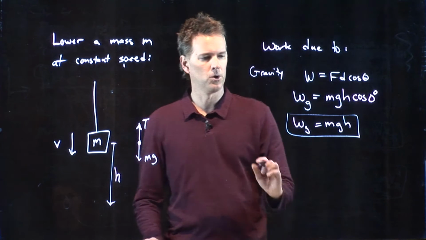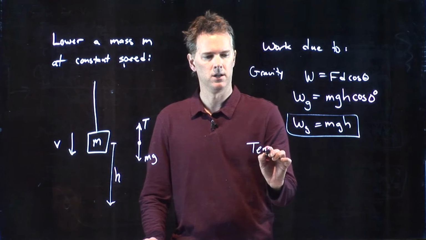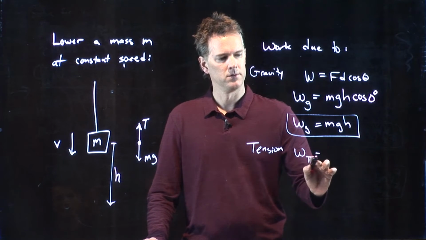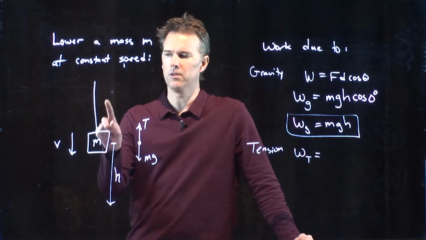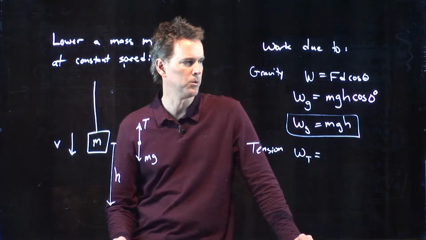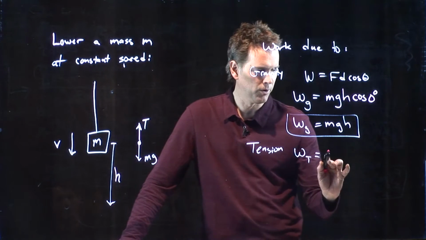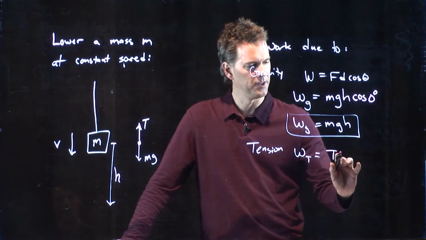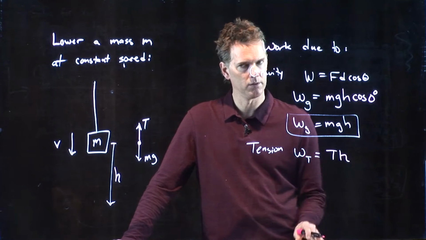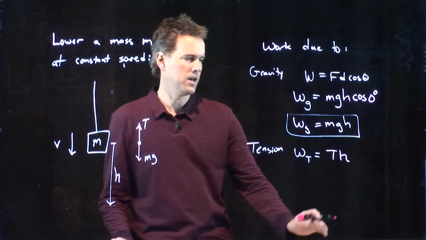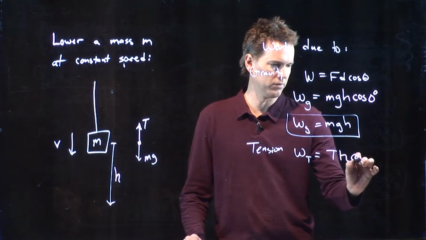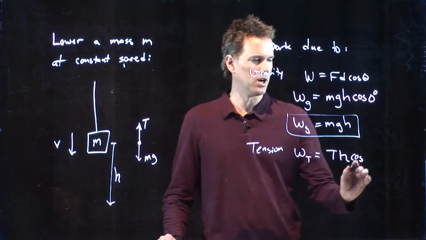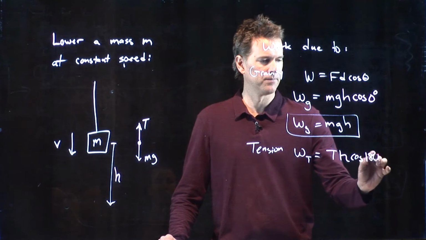Okay, what about the work due to tension in the cable? Wt, what's the work due to the tension in the cable? Well, it's the force, which is tension T. It's the distance, which is h. And now it is the cosine of the other angle that you guys said, which is 180 degrees.